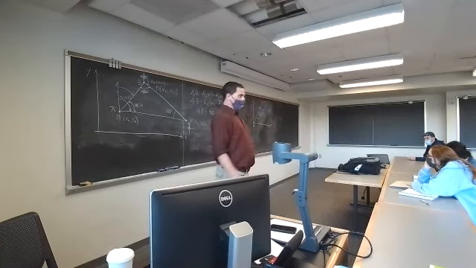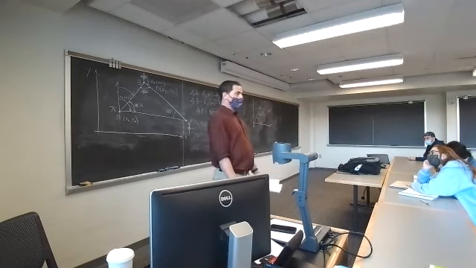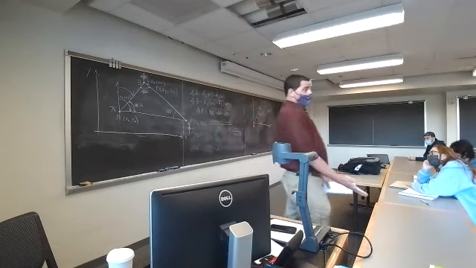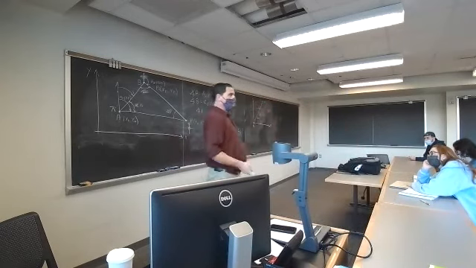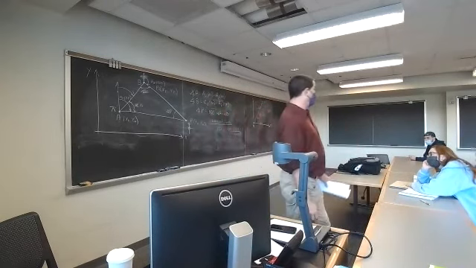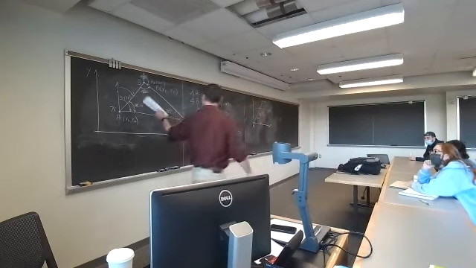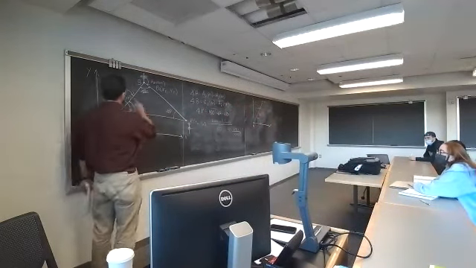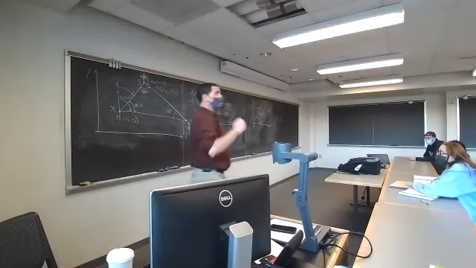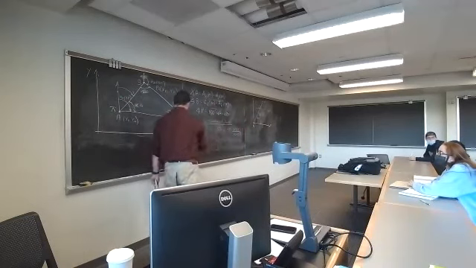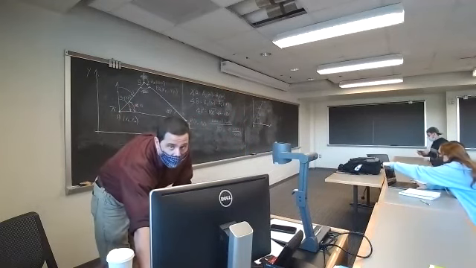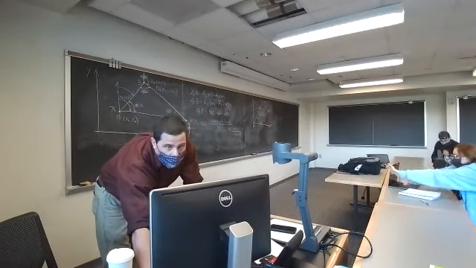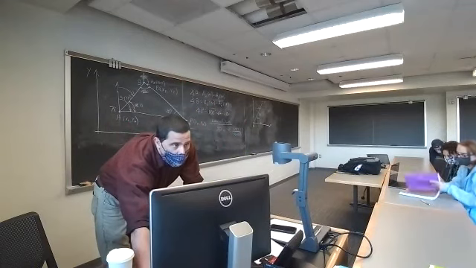How many equations do you need? Just two. What two equations would you use? Could you do this with the slope equation? Sure, you can get the slopes of A to P and A to B. That's one way to do it. So we're going to pick this back up next time.